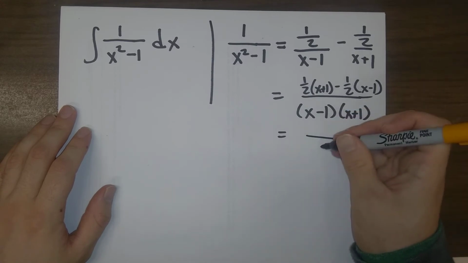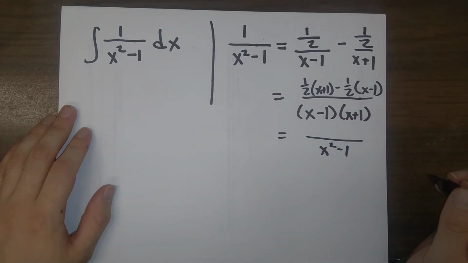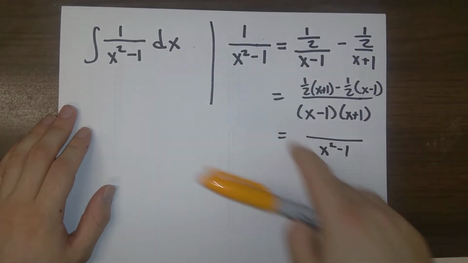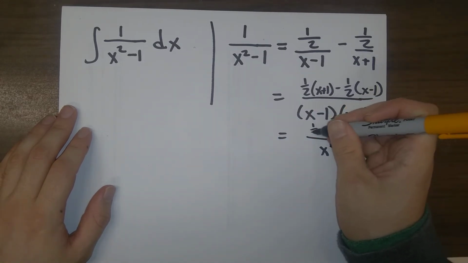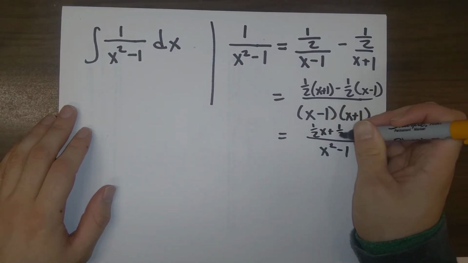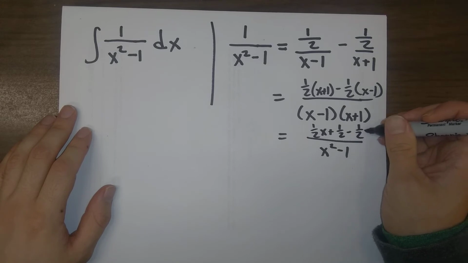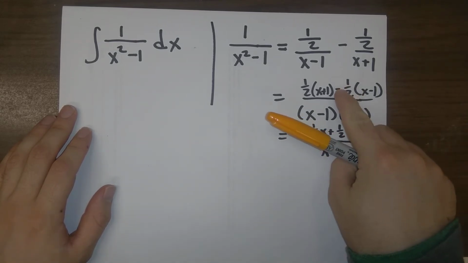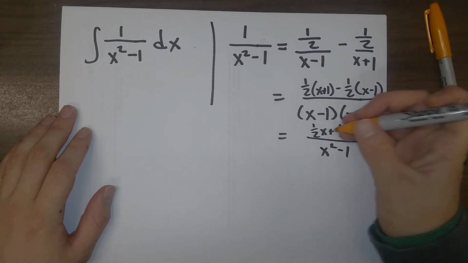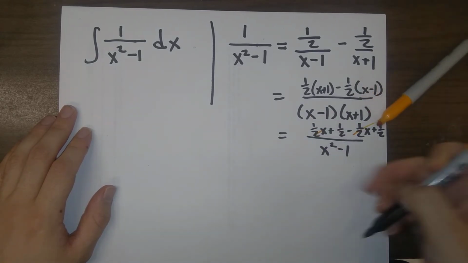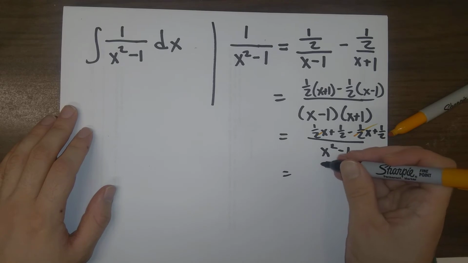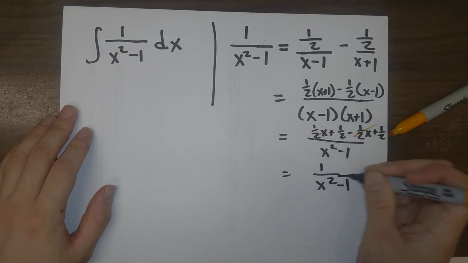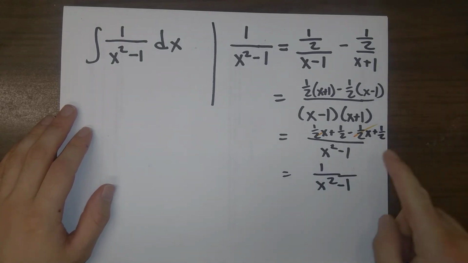This expands out to x squared minus 1 in the denominator, and in the numerator 1/2 x plus 1/2 minus 1/2 x plus 1/2. The x terms cancel, 1/2 plus 1/2 adds together, and you get 1 over x squared minus 1.